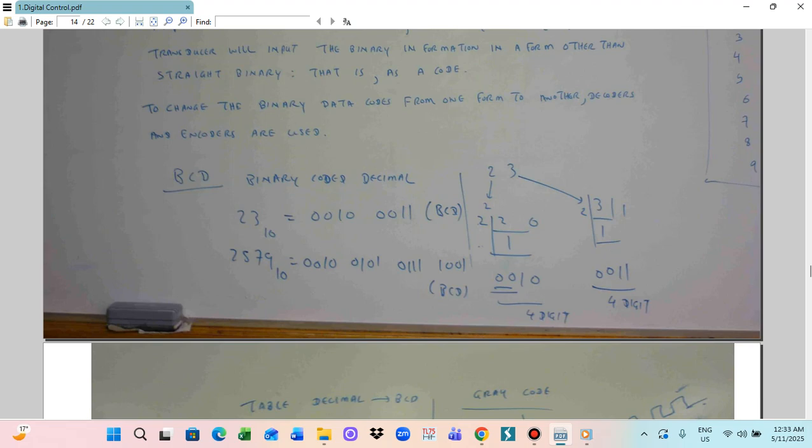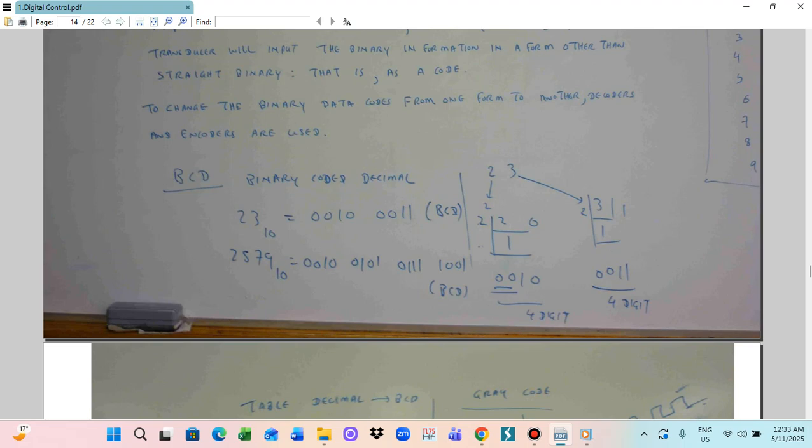So for example, you see 23 base 10. This one in BCD is similar to 0010 and 0011. How do you check it? 23 means 2 and 3. 2 divided by 2 gives 1, 0.